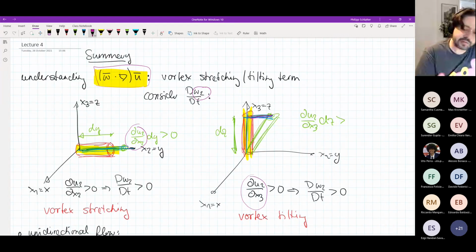And this comes from the fact that we would actually do vortex tilting. So we have a vorticity element upwards, but the flow pulls it to the side. So this is then the off-diagonal term, which we would call vortex tilting. So we have these two aspects, stretching and tilting, which are encapsulated in this term omega dot nabla times u. And these are, as I said, source or sink terms if they go negative in the vorticity.